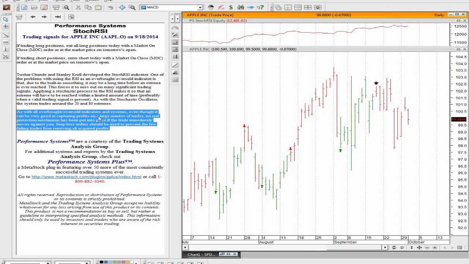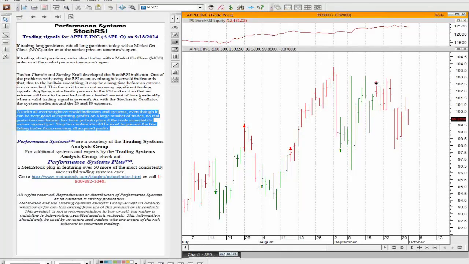The other thing that we want to be able to do is test that stop specifically to see how performance is affected. If we put in a stop that's too close, we're just going to get whipsawed during normal market activity, and if we do one that's far away, we're going to be risking too much money. So we want to test and maybe find a sweet spot for that.